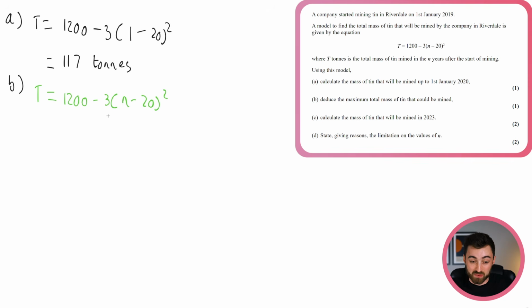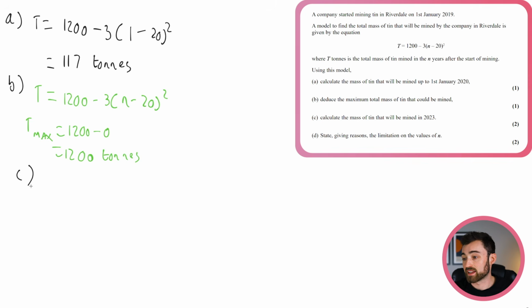I want this to be as big as possible. So this is going to reach its max value when this thing is just 0, because that's the smallest value that can be. So if that is 0, then the maximum amount is just going to be 1200 minus 0, isn't it? Which is 1200. So the maximum amount is going to be 1200 tons. Not too crazy. And that's why completing the square is so useful.